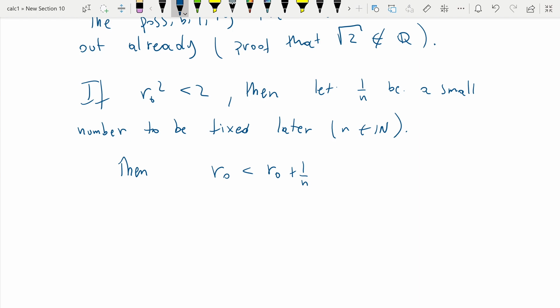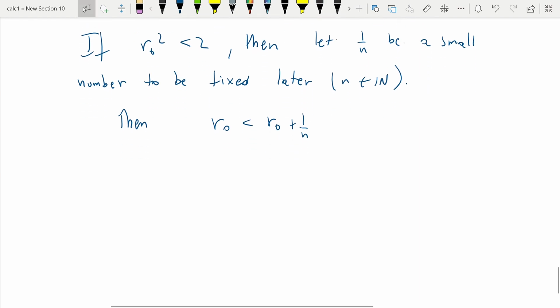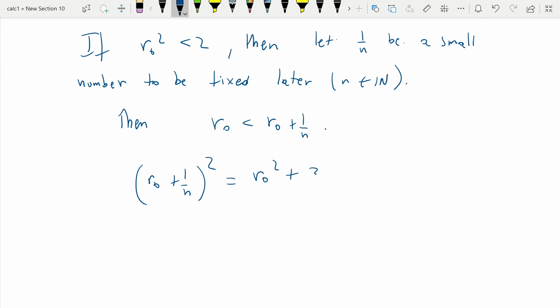And what we'll check now is that if we choose n large enough, r naught plus 1 over n, squared, is going to be less than 2.